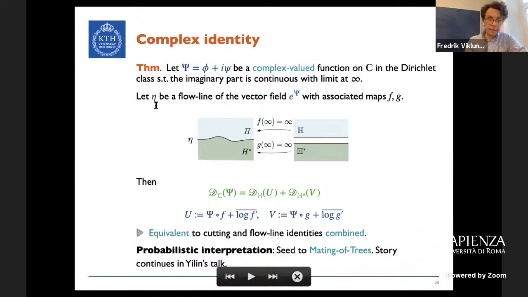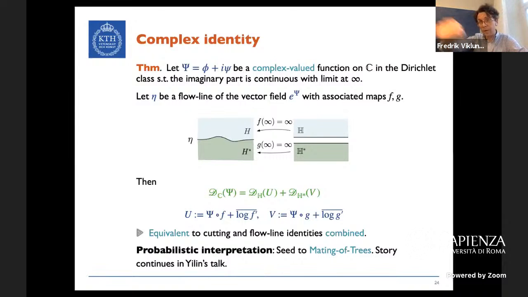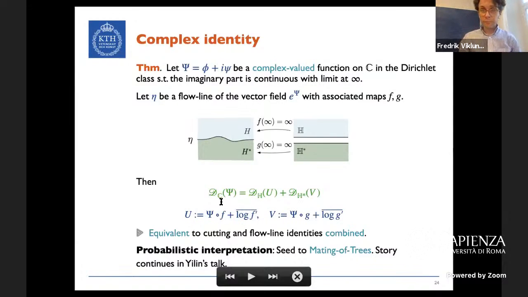And then I let again eta be a flow line of this vector field, but by this I actually mean just the flow line corresponding to the imaginary part. We don't care about the time parameterization here. And so I read this curve from the field psi here, and then I have associated conformal maps f and g, exactly as before. And then the theorem is that the Dirichlet energy of psi is equal to the sum of the Dirichlet energies of capital U and capital V, where U and V are defined like this.